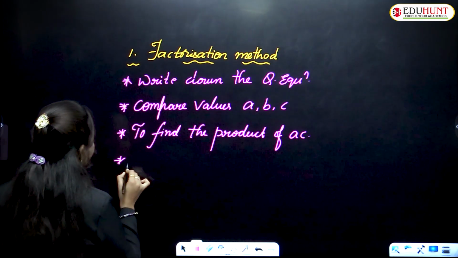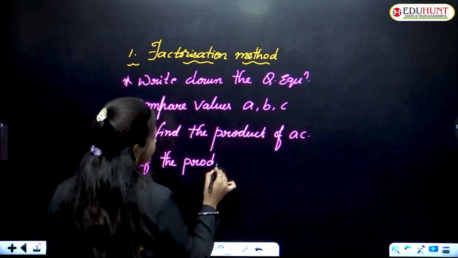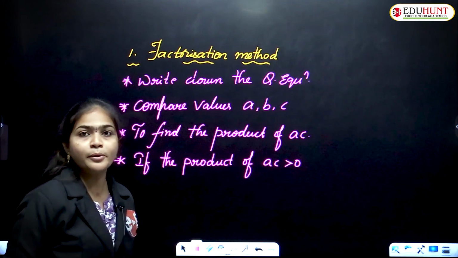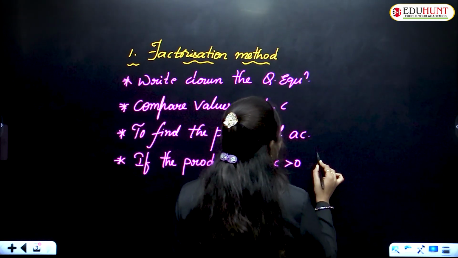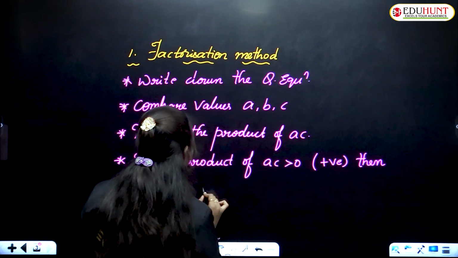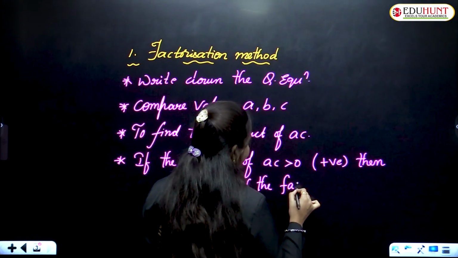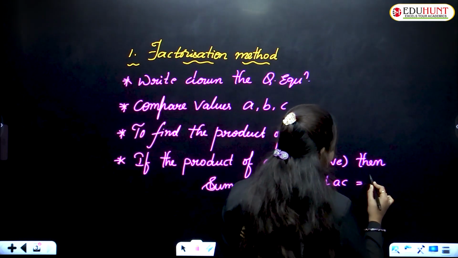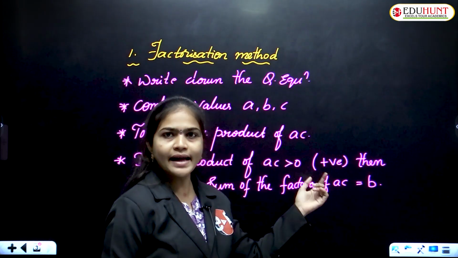And the next step is, if the product of AC is greater than 0, which means positive values, so if A and C values are positive, then the sum of the factors of AC is equal to B. I will explain that.